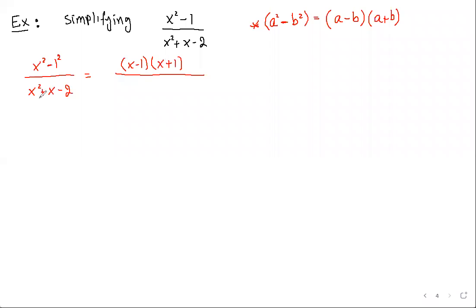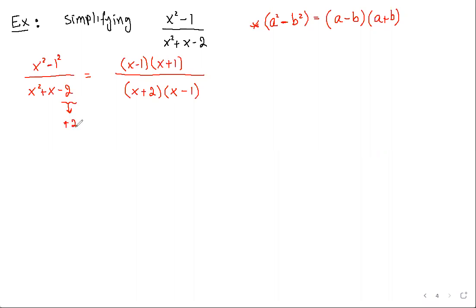Now, what's the factoring for the second part, x squared plus x minus 2? We factor like we did last time. We're looking for two numbers such that the multiplication of these two numbers gives me minus 2, and the summation of these two numbers gives me positive 1.